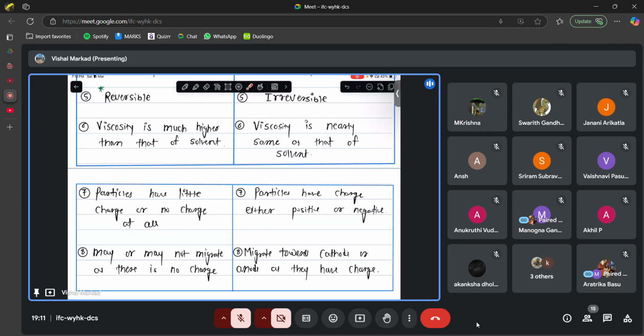They will have some charges over them. Now I have to settle them down, which means I have to attract them to the bottom. So I will add an oppositely charged reagent. If a negatively charged colloid is there, I will add a positively charged electrolyte.